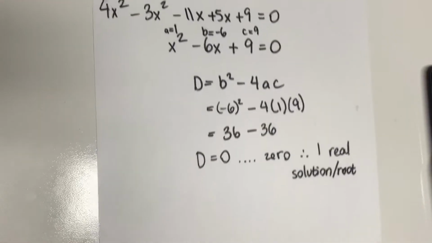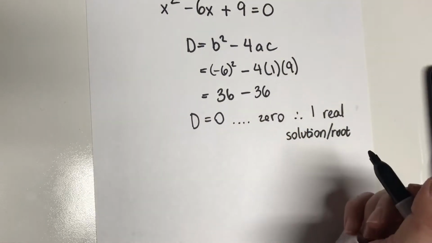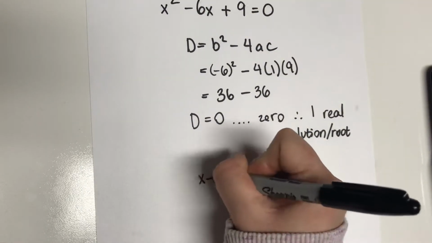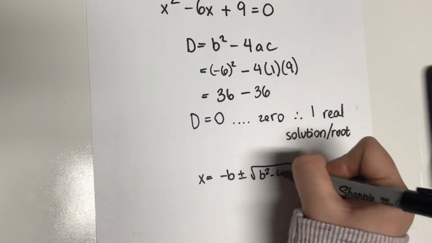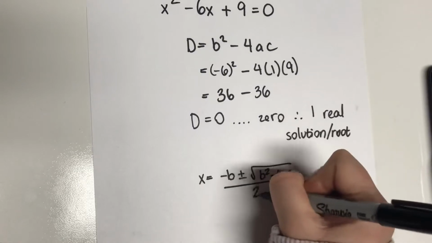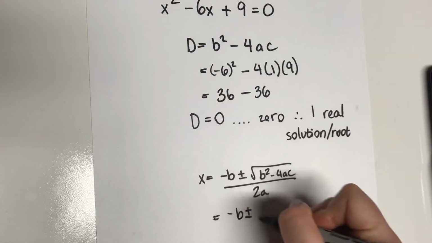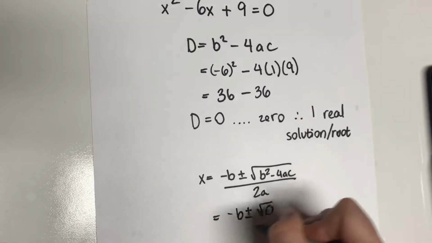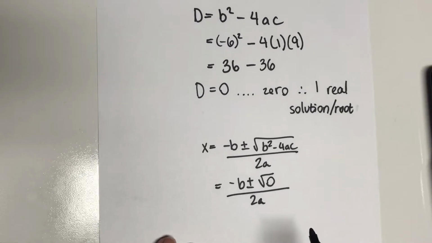And the reason that that is true is because if we put this into the quadratic formula, if I put 0, well, the square root of 0 is 0.